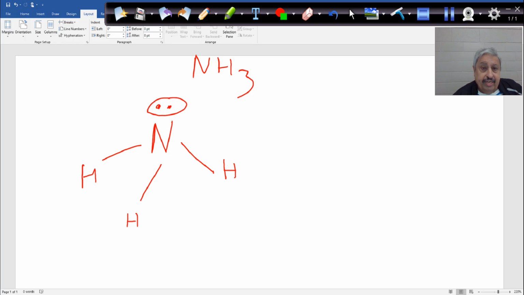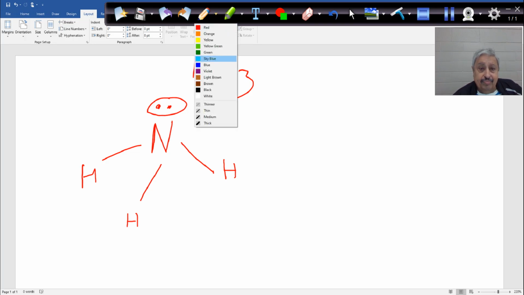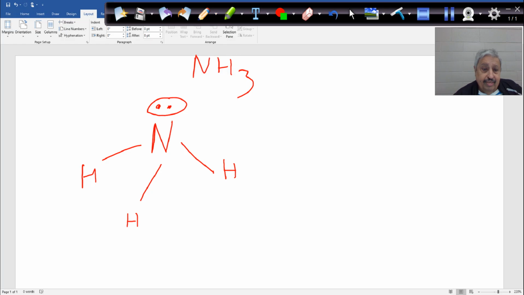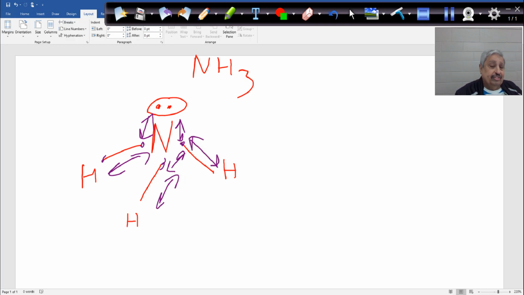Now, the repulsion happens: these negative electrons repel each other. They don't attract each other, they just want to be far away from each other. The whole molecule continues this until it reaches the structure or shape of higher stability.